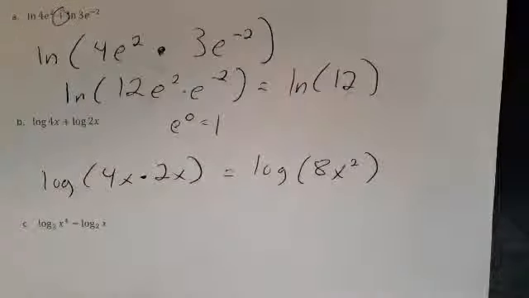But technically, if you had one log and you brought this down in front, you're still making one log. I wouldn't count it wrong. It would still be one log. And really, they're trying to get to something here.